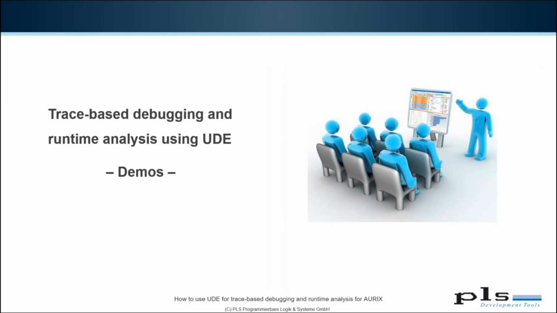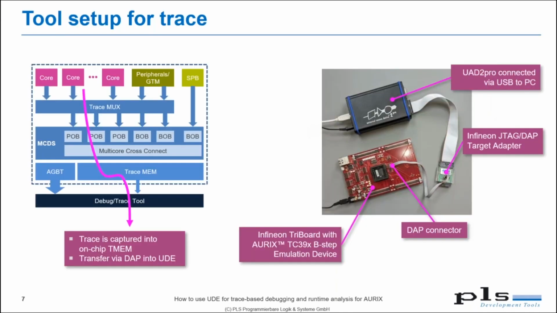So now it's time to have a look at the UDE, at the tool, to see how trace can be used for debugging and also for investigating timing issues. Before we go into the examples, there should be a general remark on the hardware setup that I use for the demos. I'm going to use the Aurix TC39 emulation device.